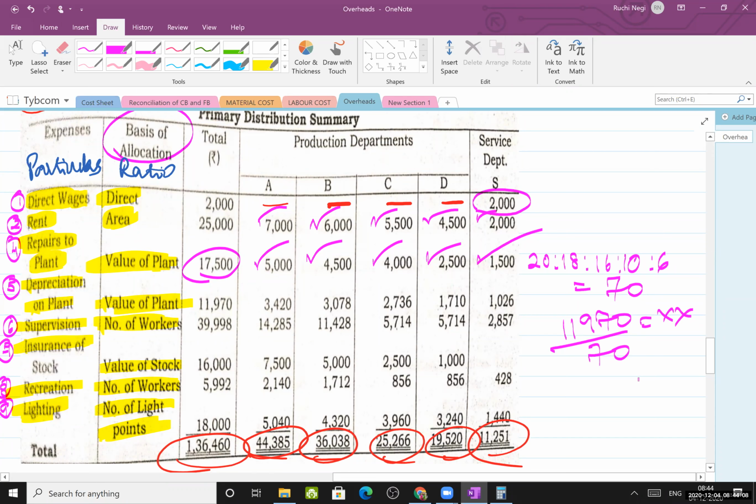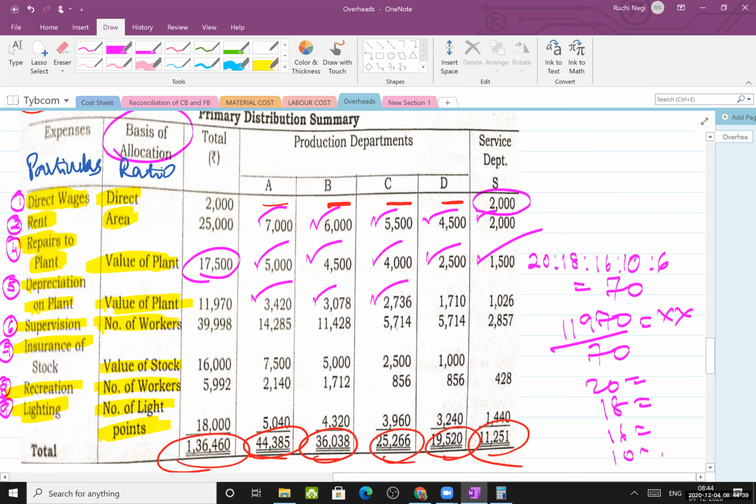Okay, what is the first answer needed? Type 20. 3420. Then type 18 plus equal to 3078. Type 16 plus equal to 2736.